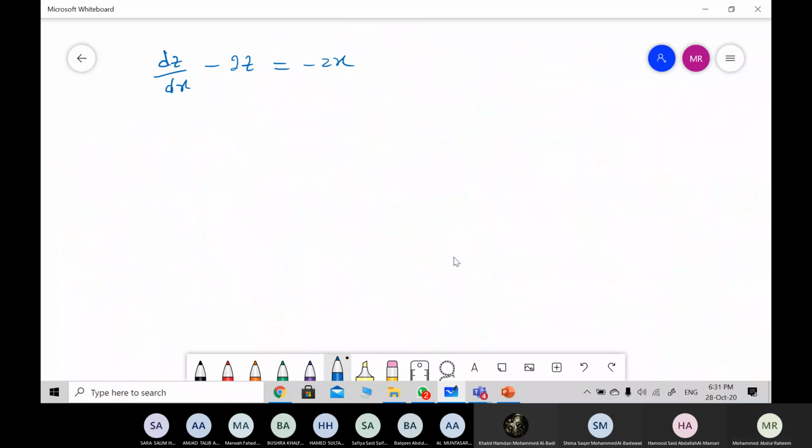This was our substitution. Linear in what? In Z. P how much?